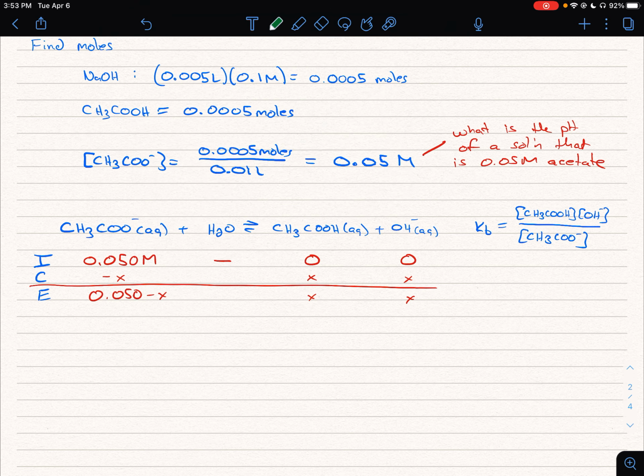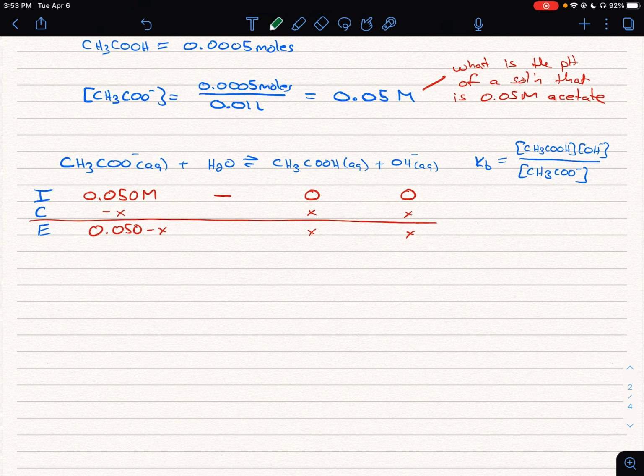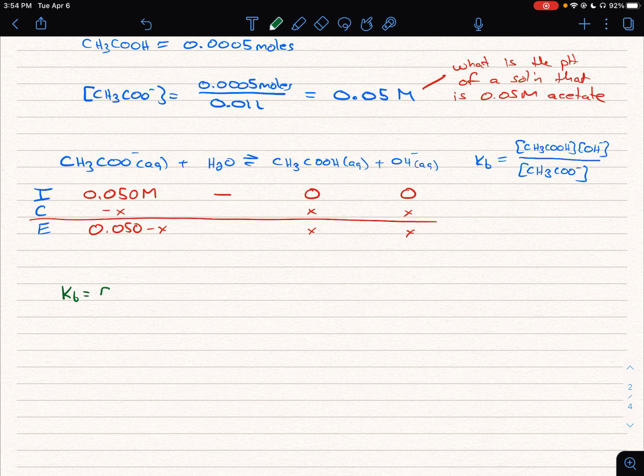So from there, we can say Kb, which you can look up from tables, is 5.5 times 10 to the minus 10th. Again, I looked that number up. It's equal to x squared over 0.050 minus x.